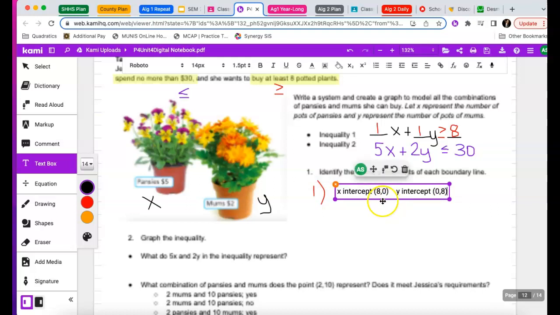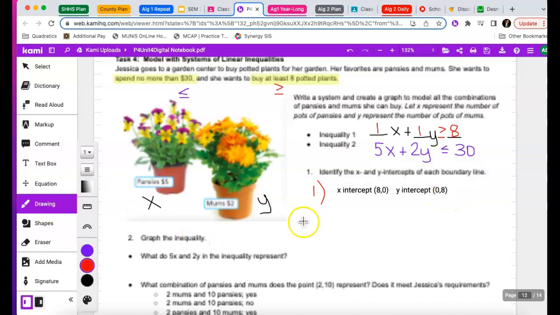So that means for inequality 1, I could buy 8 of the pansies and 0 mums, or I can buy 0 pansies and 8 mums. So those two would be a combination that would make the first inequality true.